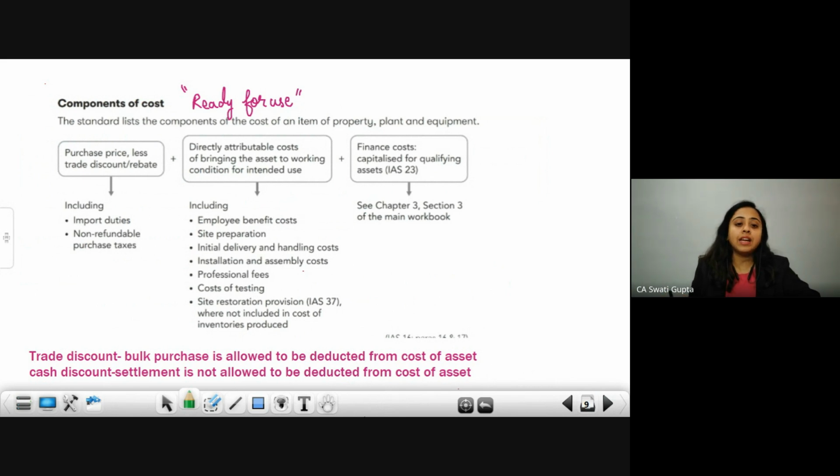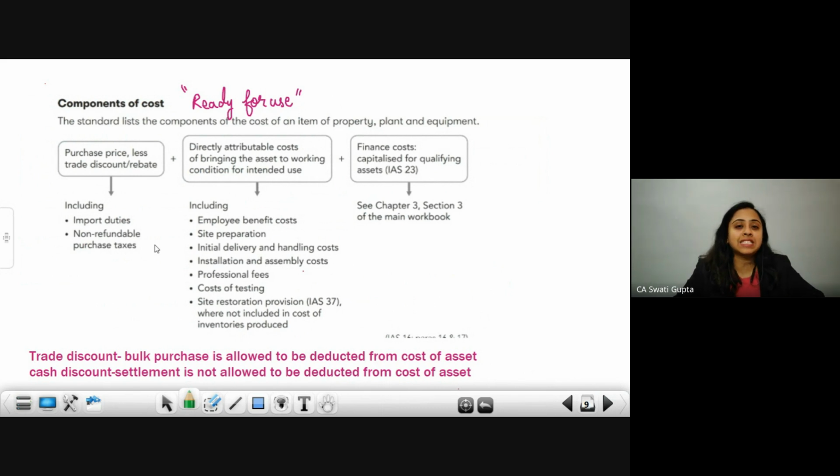Now, if we talk about cost, the price that you have paid has so many taxes and so many items, and whether they should form part of the cost or not depends.